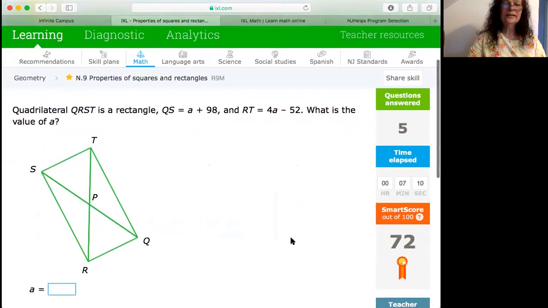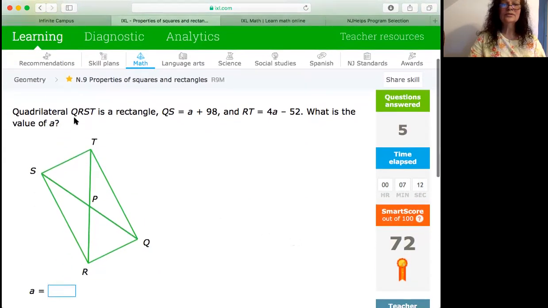And see quadrilateral QRST is a rectangle. QS equals a plus 98, and RT equals 4a minus 52. Okay, what do you know about diagonals?